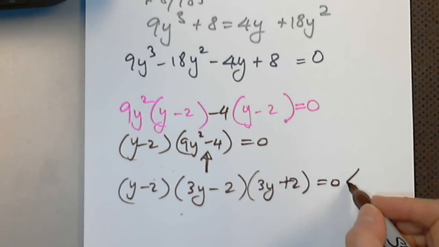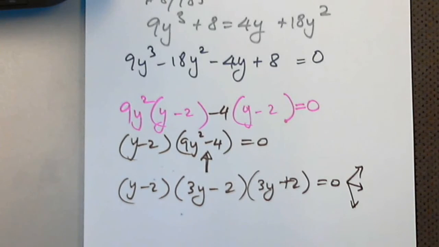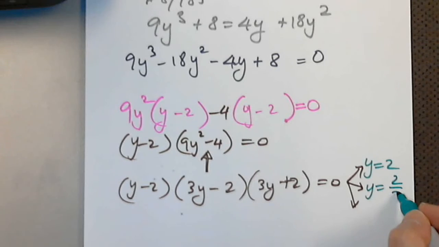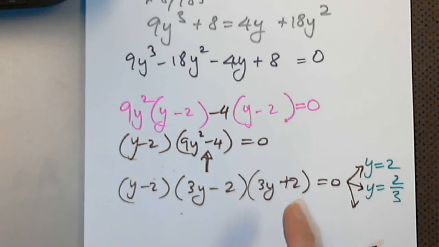Awesome. So now can anyone give us those 3 solutions from here? Very good. From here. Remember, I move -2 to the other side, it becomes positive, and I divide by 3. 2 over 3 indeed. And the other one, this is a positive 2, I move it to the other side, becomes negative.